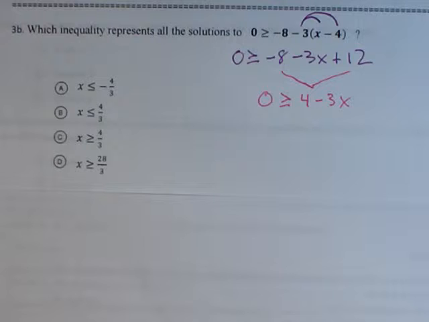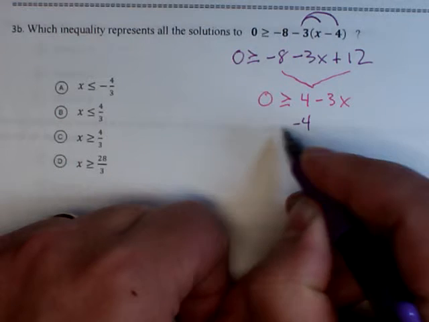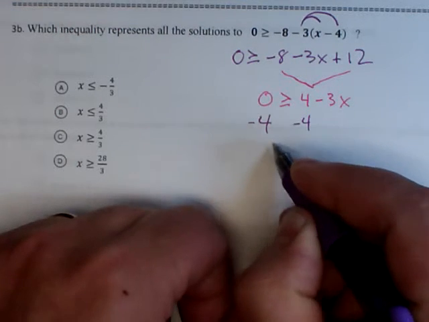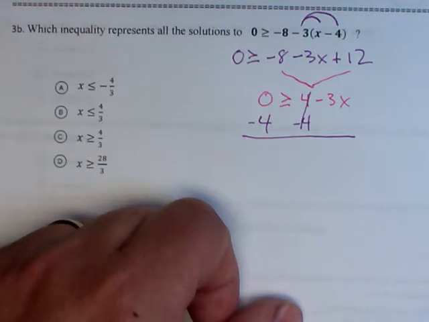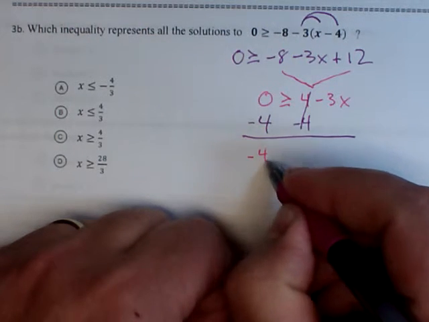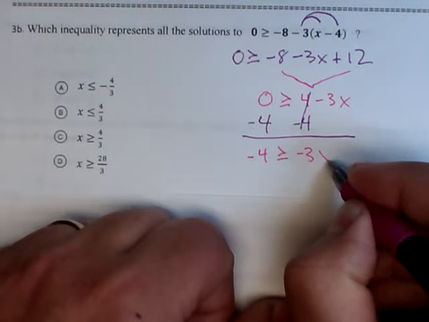I want to get x by itself. I am going to get rid of this 4 by taking it away from both sides. Minus 4 is less than or equal to minus 3x.